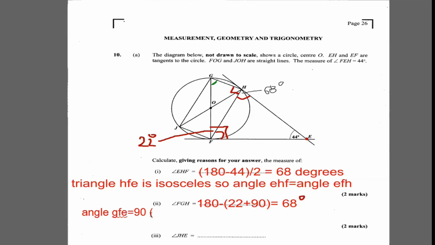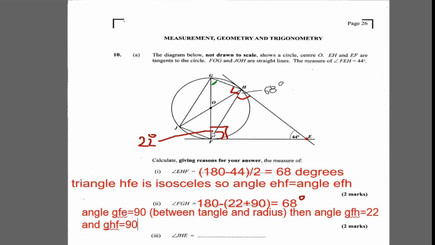This angle is 90 because angle between tangent and radius. Then you can tell them that this little piece is 22, then angle GFH equals 22, and you can tell them that angle GHF equals 90.